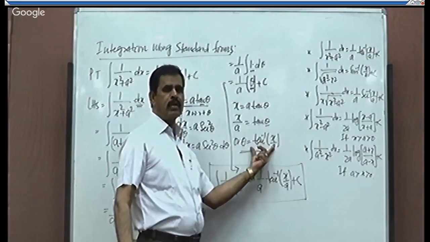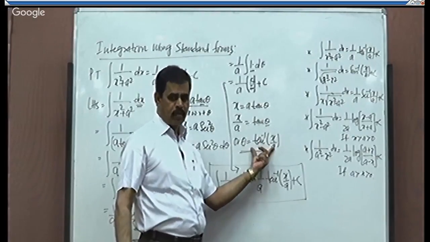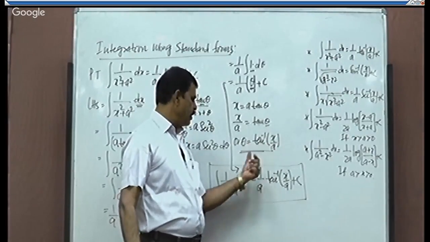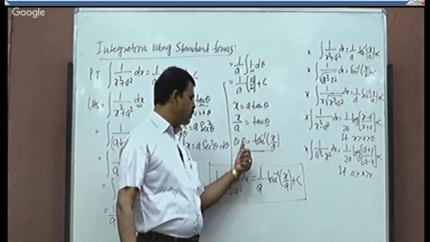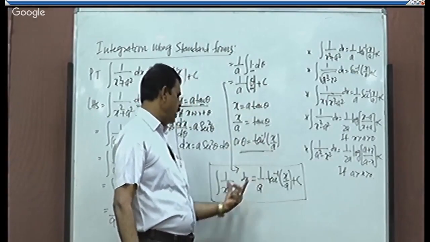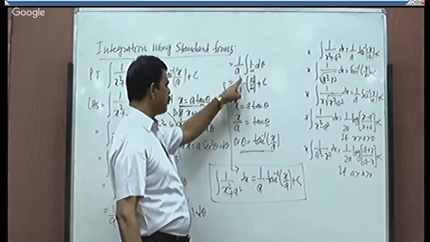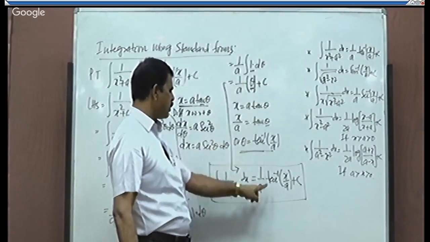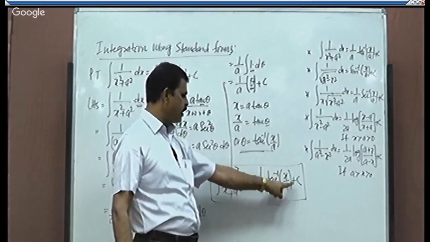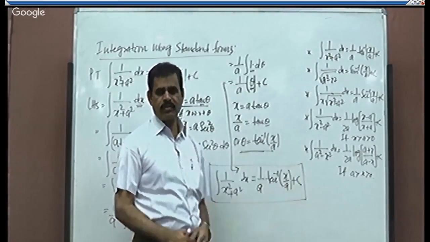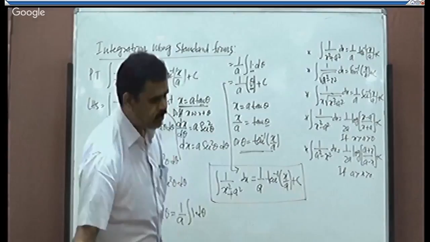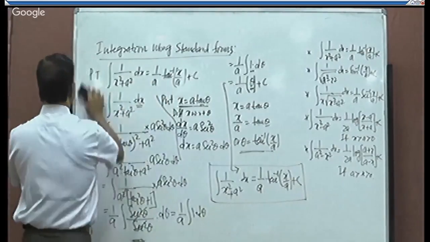This is according to inverse trigonometric formulae. If I substitute theta is equal to tan inverse x by a, then the right hand side of the answer becomes 1 by a into theta, where theta is tan inverse of x by a plus c. This is the answer. Okay.